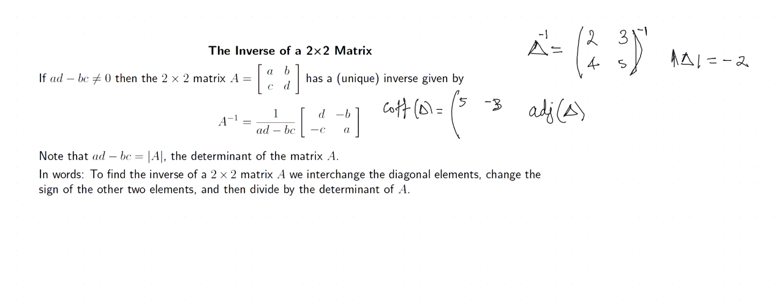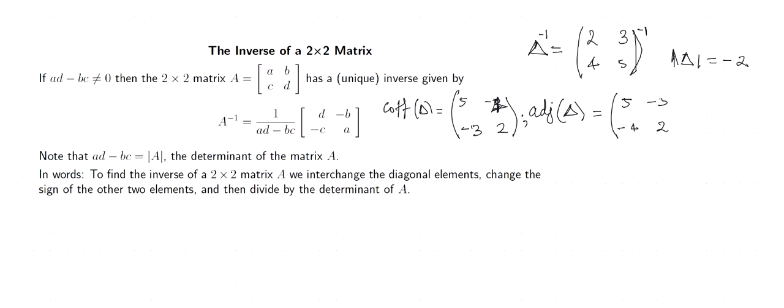Yeah, 5 is correct. 5, minus 4, minus 4, minus 3 and our 2, isn't it? Yes. And the adjoint will be the transpose of the cofactor. That will look like 5, minus 3, minus 4, 2. Am I right? Yes, sir.